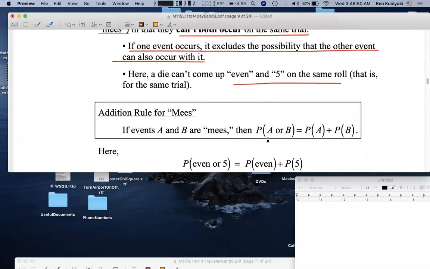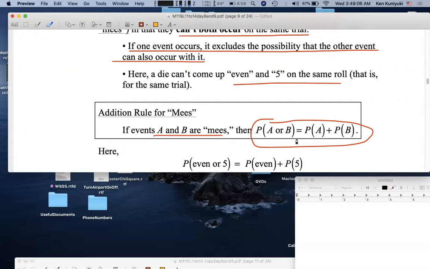And there's a basic addition rule for Mees. If A and B are Mees, mutually exclusive events, then the probability of A or B occurring is given by the probability of A occurring plus the probability of B occurring.